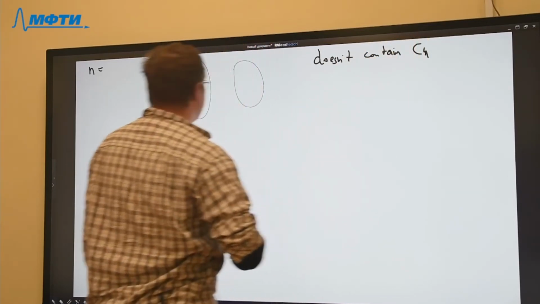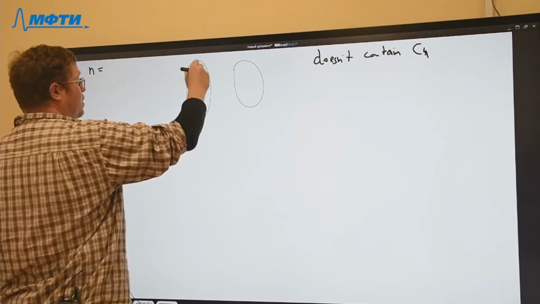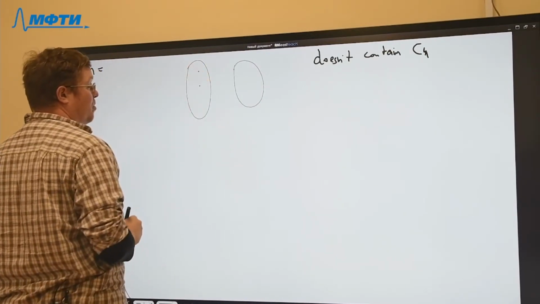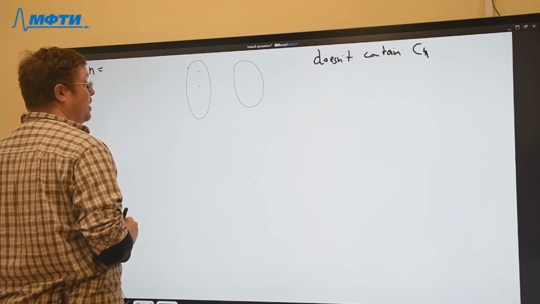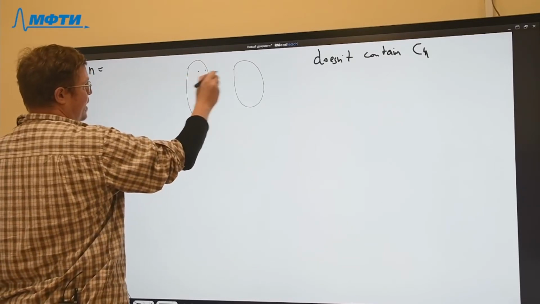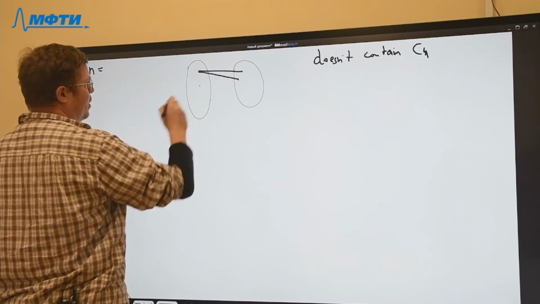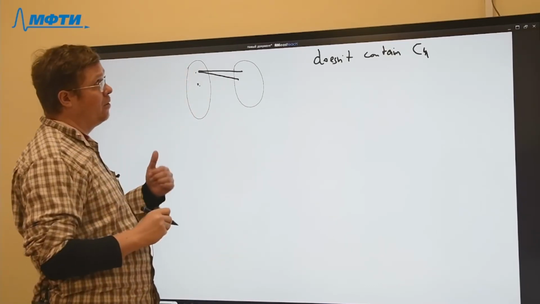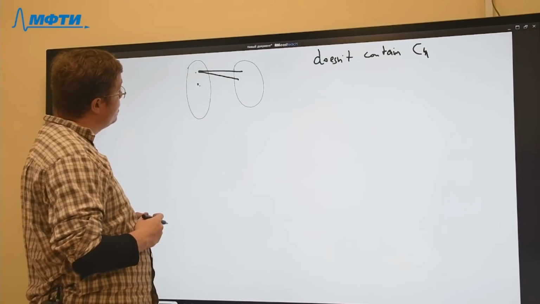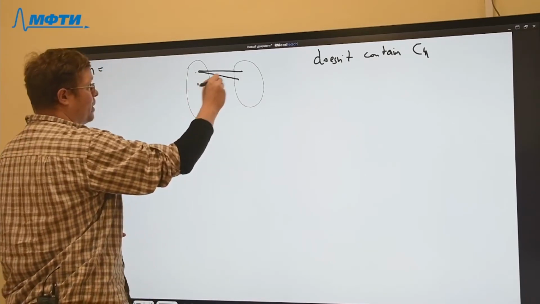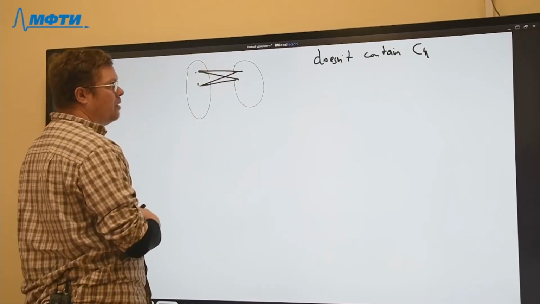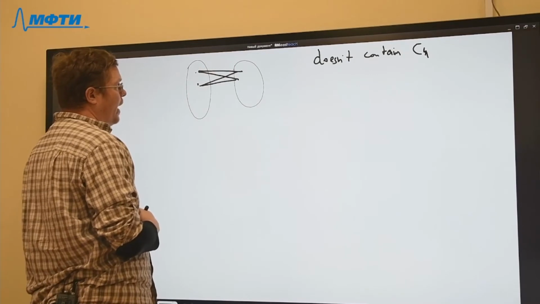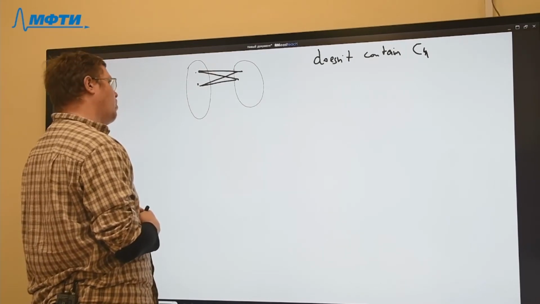This means that if we choose 2 different vertices in one of the parts, they don't have a pair of common neighbors. If we had a pair of common neighbors, we would have a cycle on 4 vertices.